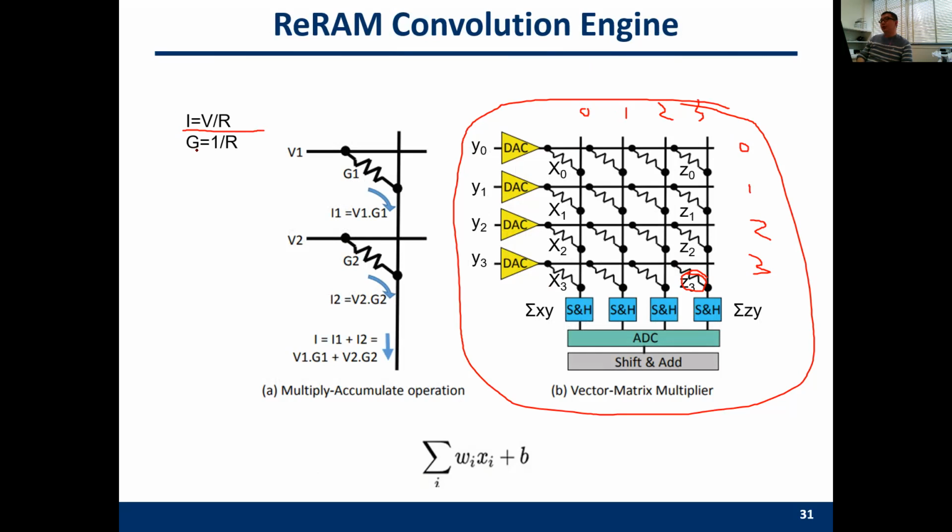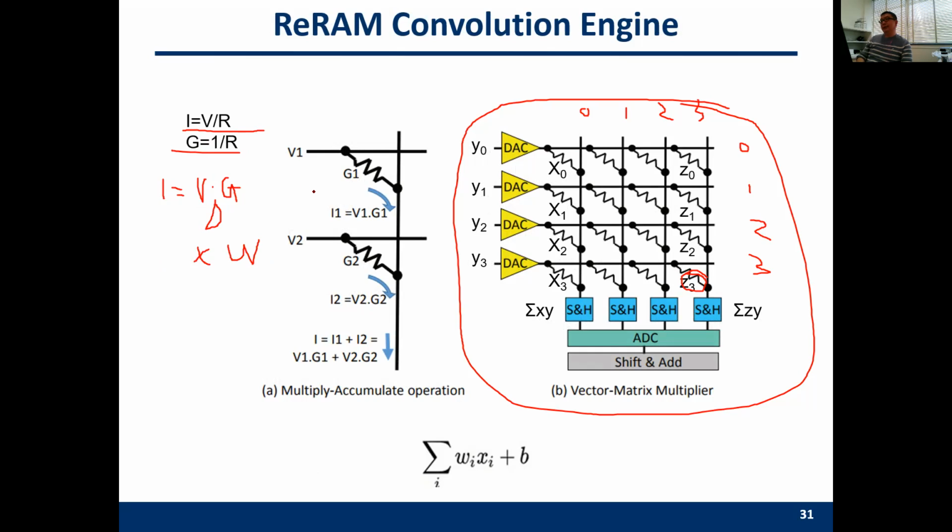And we can rewrite the inverse of the resistance as the conductance, which is G. So we can rewrite I equals V multiplied by G. So we have a multiplication here. In this way, we can use G to represent W, and V to represent X.